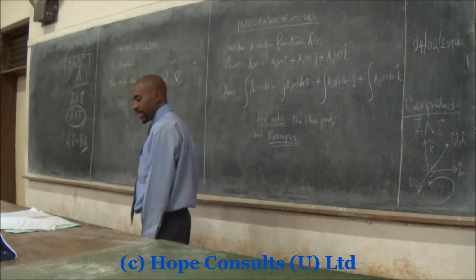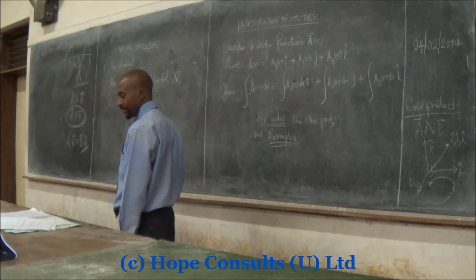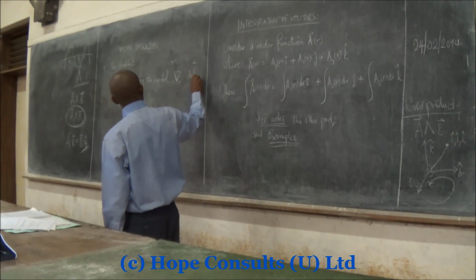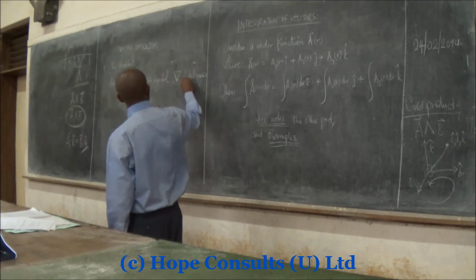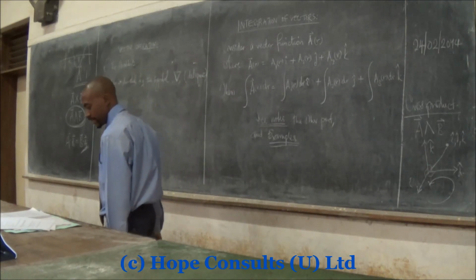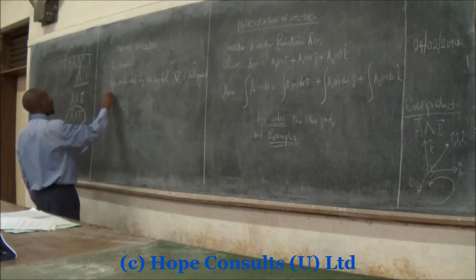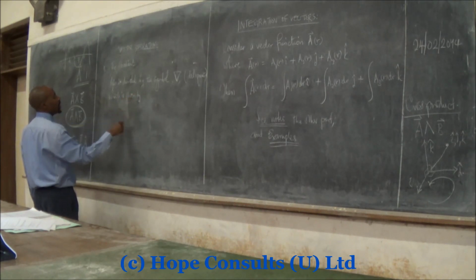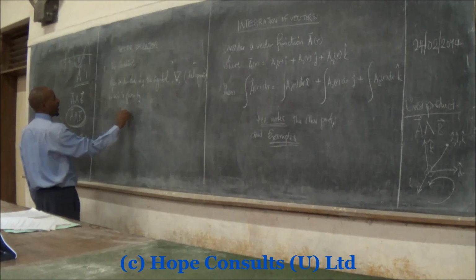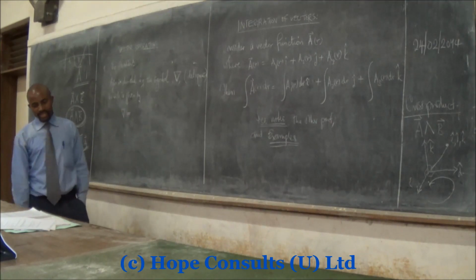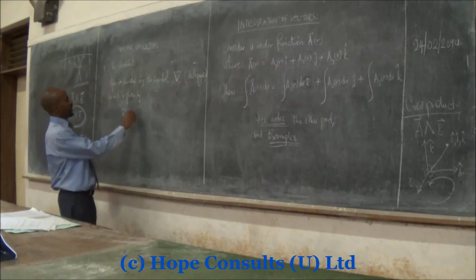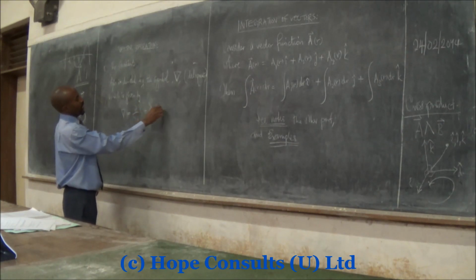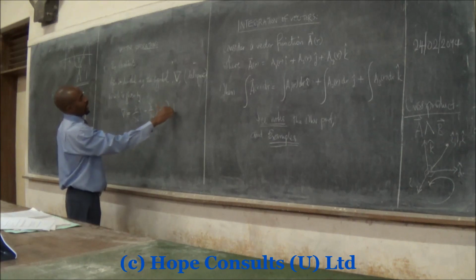So this del operator is the symbol. This is the del operator, and it is given by del equal to ∂/∂x i plus ∂/∂y j plus ∂/∂z k.